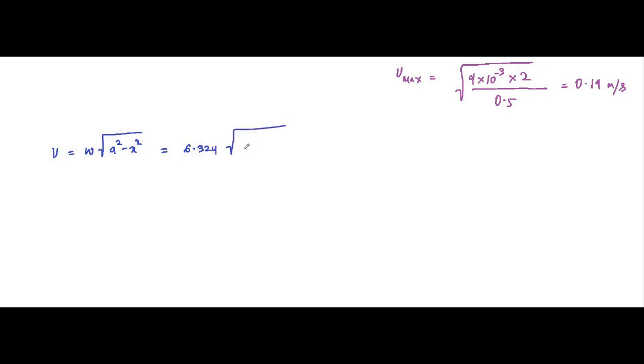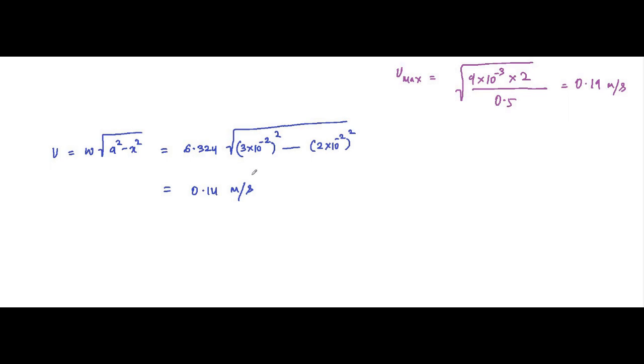Into root over of A, the amplitude, which is 3 into 10 to the power minus 2, whole square, minus 2 into 10 to the power minus 2, whole square. So it is coming around 0.14 meters per second.